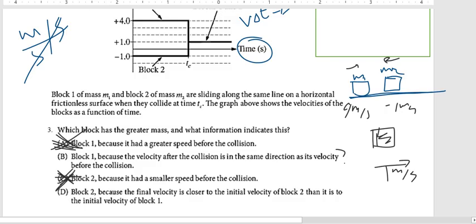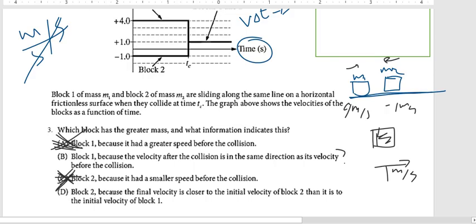Block 2 because the final velocity is closer to the initial velocity of block 2 than it is to the initial velocity of block 1. A trick, if you're absolutely stumped, pick the longer one. But let's not do that. Let's actually figure this out. The same direction seems a little iffy. This one's really specific.